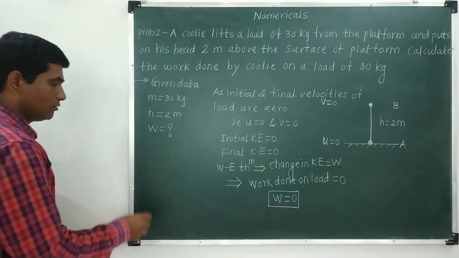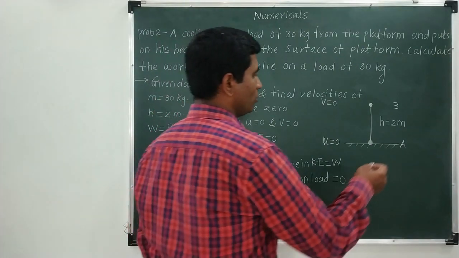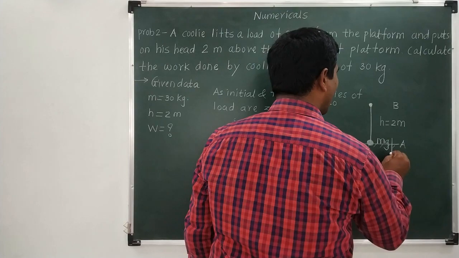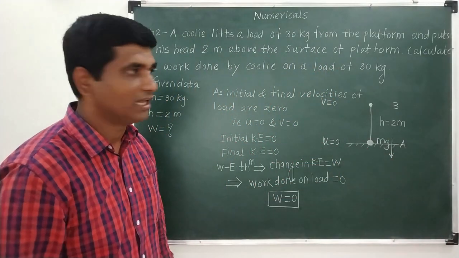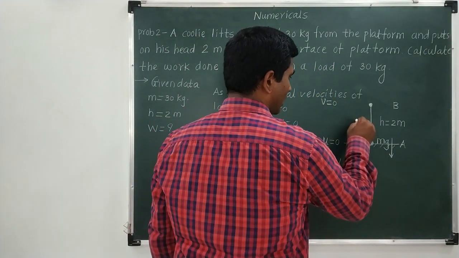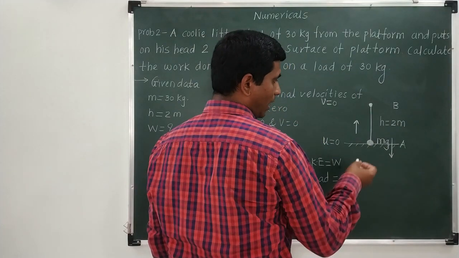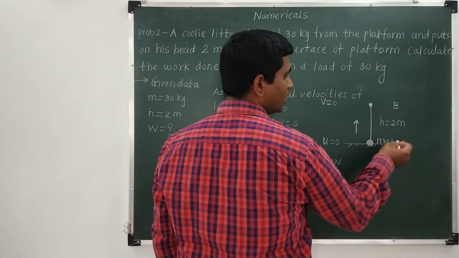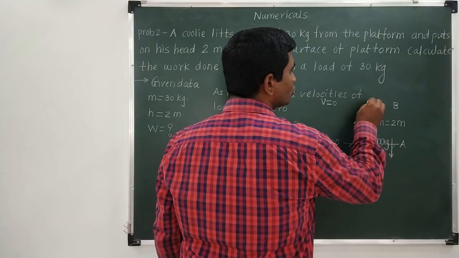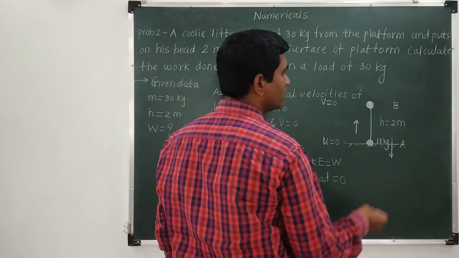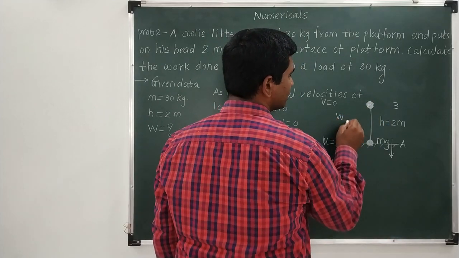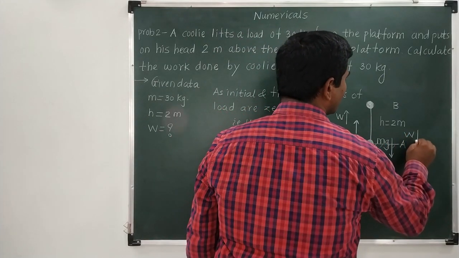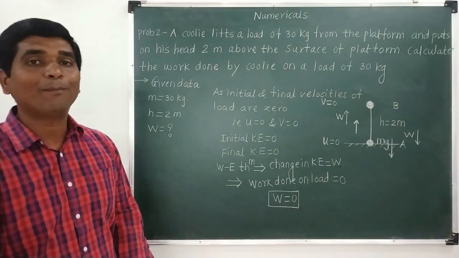Because the gravitational force acting on this luggage whose mass is m, it is mg, which is acting in a vertically downward direction, and the pulley is applying a certain force to move this body from point A to point B. So these two work dones, let us say work done in upward direction and work done in downward direction, have to be equal and opposite in direction.